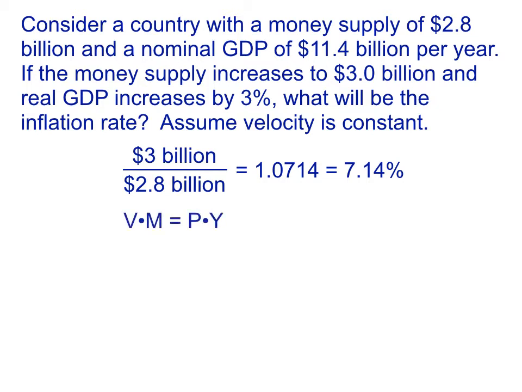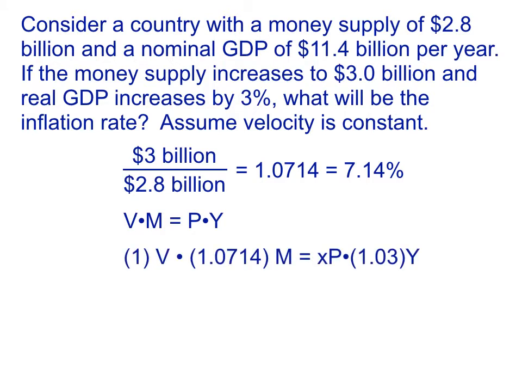Going to our VM equals PY equation, I know that I am multiplying my velocity by 1 because I'm assuming that it is constant. I am going to take my money supply and multiply it by 1.0714. I'm going to try and solve for this X value. So this is the factor change in my price level. And I know that my factor change in my real GDP is 1.03.